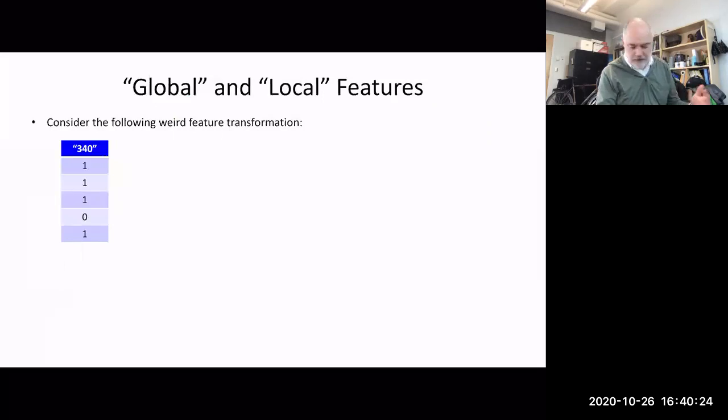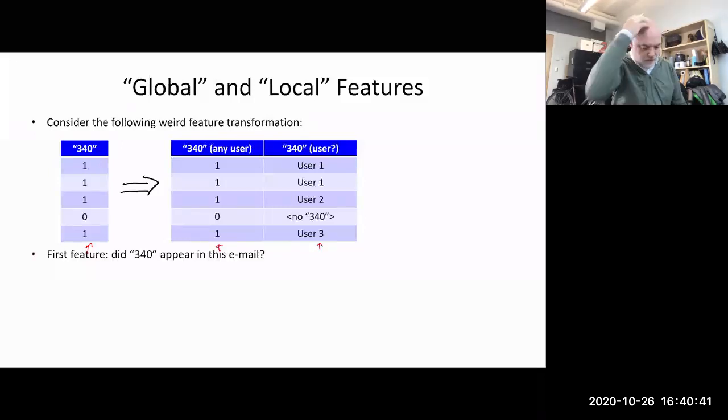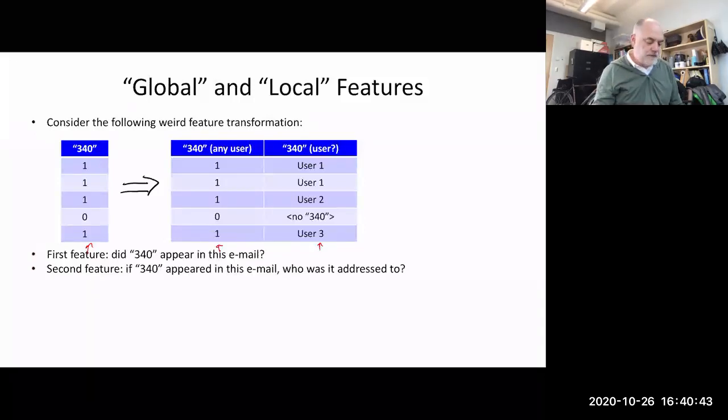Well, here's an interesting feature engineering thing to think about, right? So let's say you have 340s in the email or not, right? Let's now do the following transformation. Let's say 340 in the email, and then the next column is conditional, right? First feature, did 340 appear in this email? Second feature, if 340 appeared in this email, who was it addressed to?